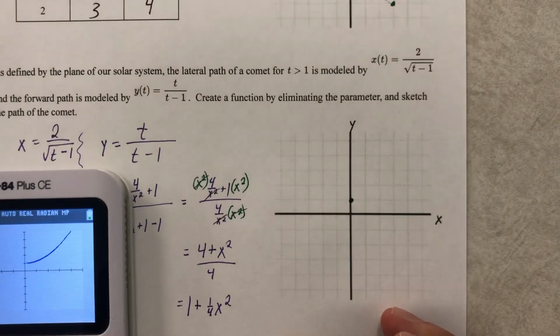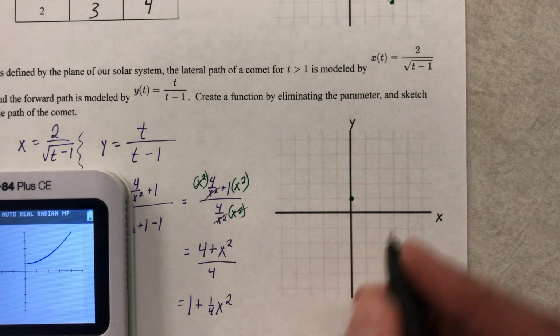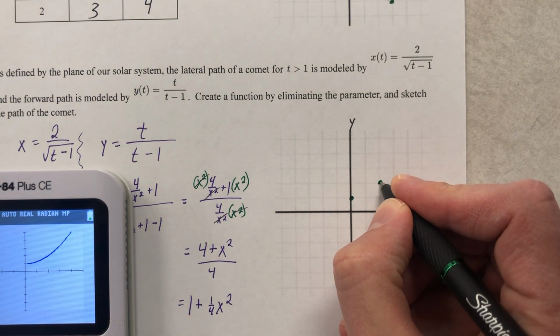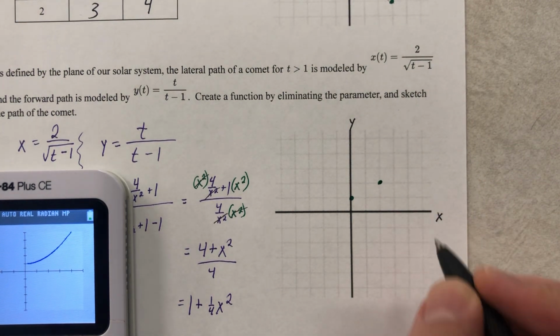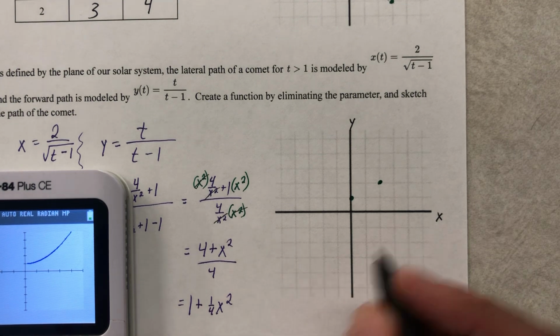And let's pick another point that I could use. If I plug in a value of 2 right here, I'd have 4 and then 4, 1, so 2. Plug in a 3, you'd get 9/4. That's 2.25 plus 1, that'd be 3.25.